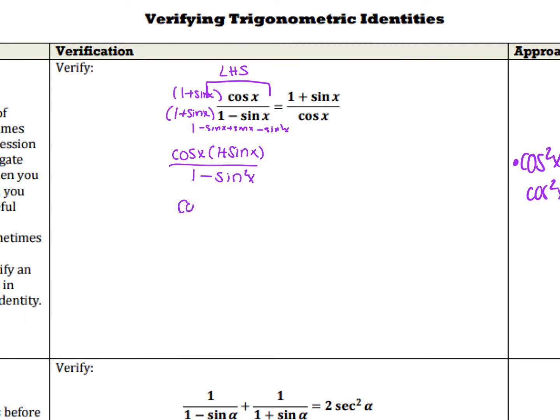So cosine times 1 plus sine is going to be all over cosine squared. Now I can simplify this cosine with one of these cosines. So I'm going to end with 1 plus sine all over cosine, which is what I wanted it to equal.